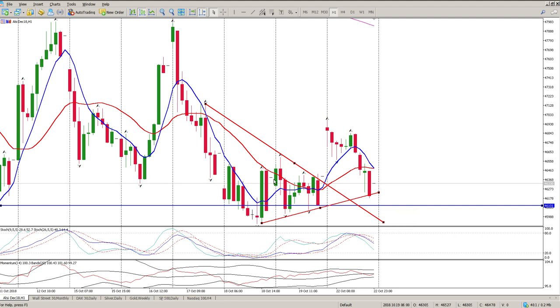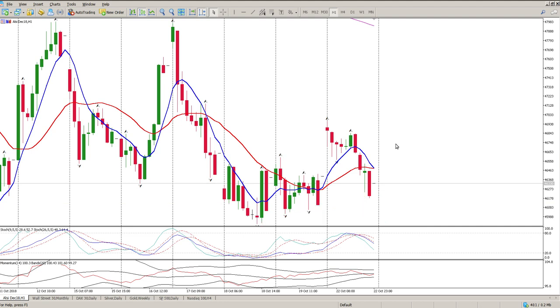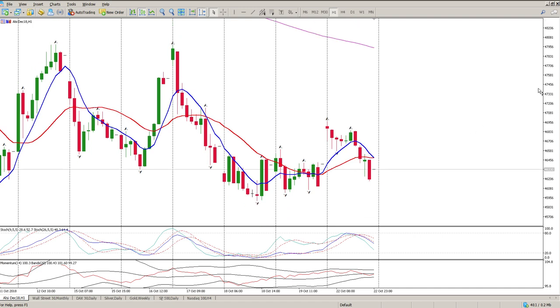That would be the most logical thing to see: price comes down here, gaps down slightly, comes to this level, and then bounces back up again. Most logical, but after what's going on in this market at the moment, I'm not sure that that's going to play out.